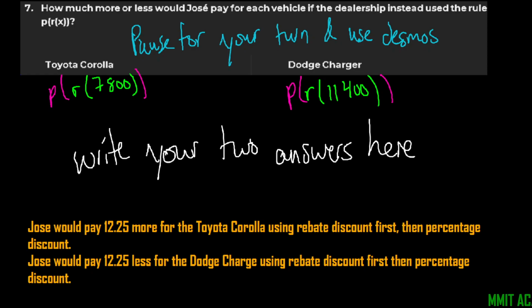And then Jose would pay $12.25 less for using the rebate discount first, then the percentage discount. So we're comparing the values that we found in those previous problems, number 5 and number 6, and make sure you're comparing your answers to what we had previously. Make sure you're checking with me if you have any questions.